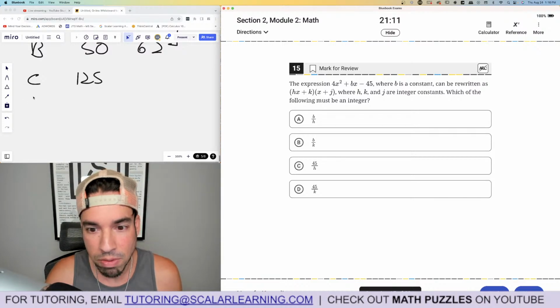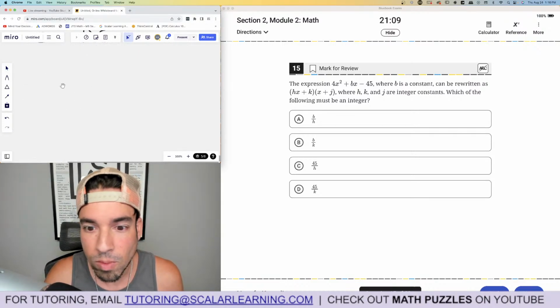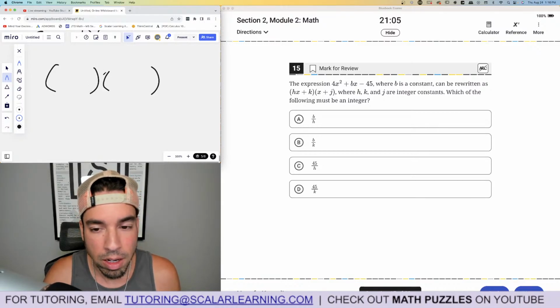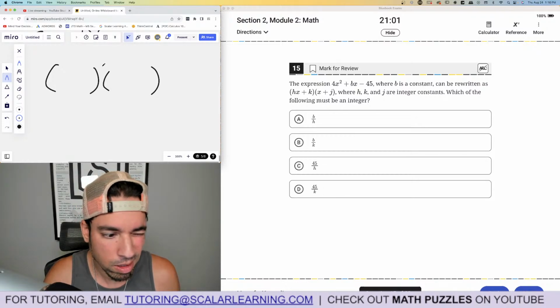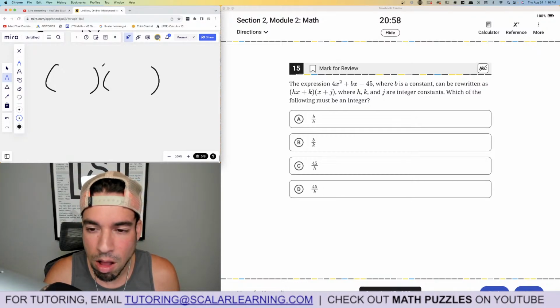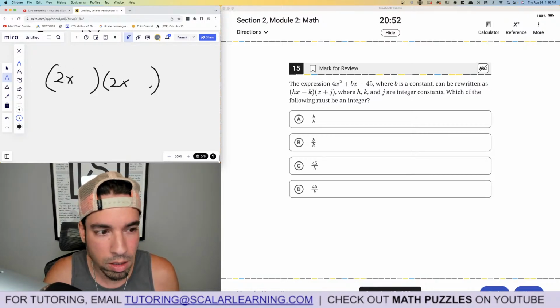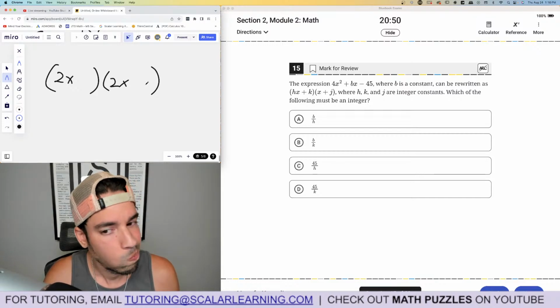All right, so factoring. Here we go. Let's just factor it right off the bat. Oh, but they have a b. Wait, I think I can just figure this out, right? Because if it's 2x, no, because there's too many.